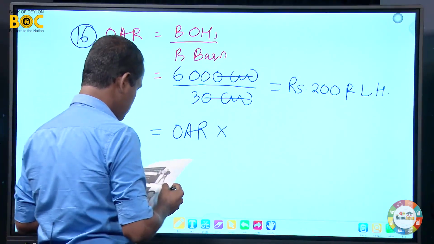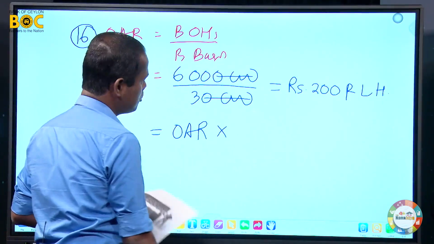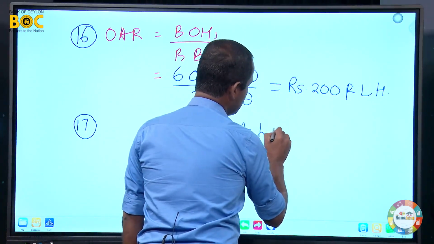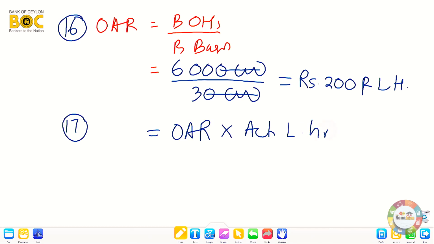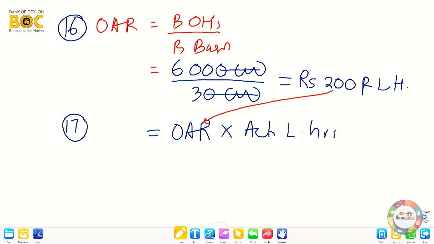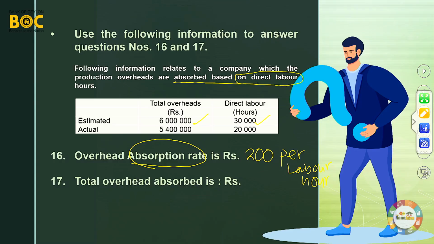What do they use? They use labor hours, the actual labor hours. The overhead absorption rate we calculated is 200 rupees per labor hour.